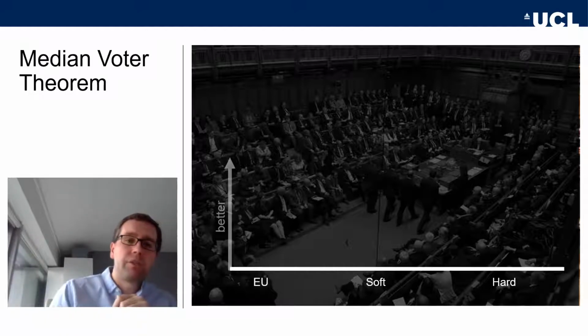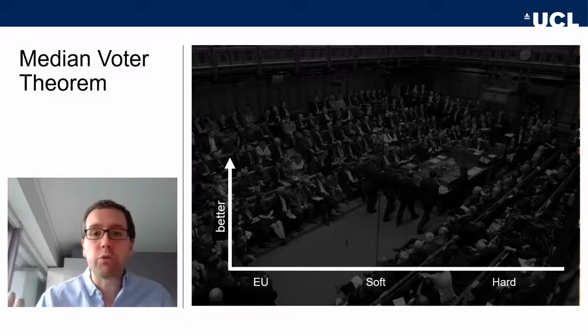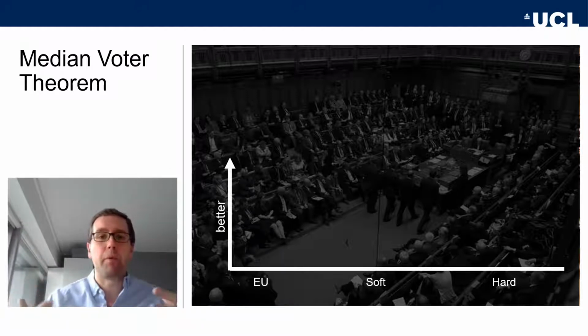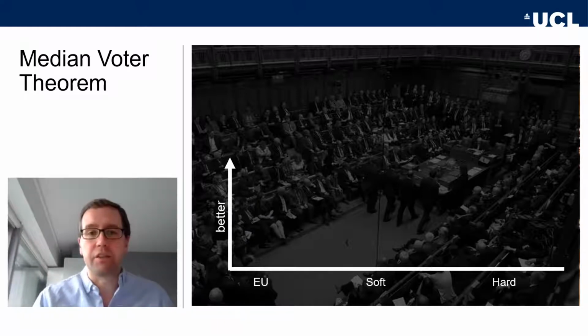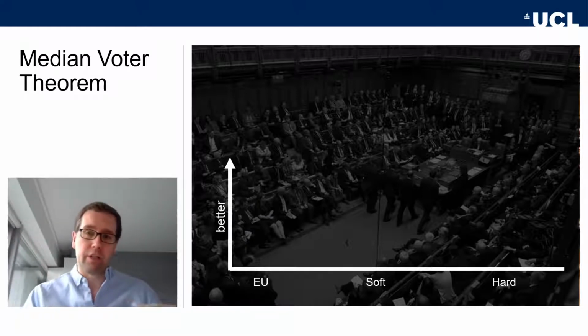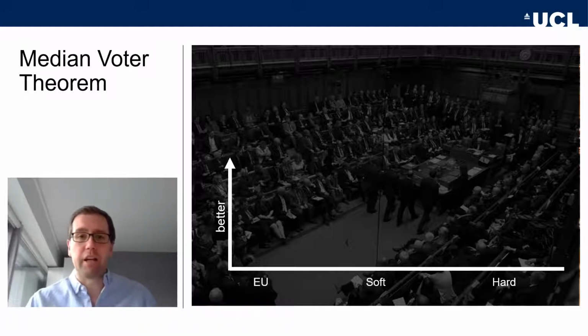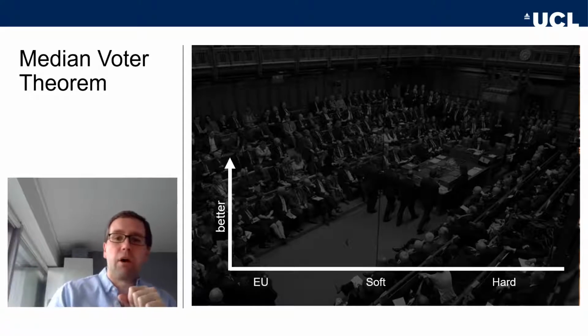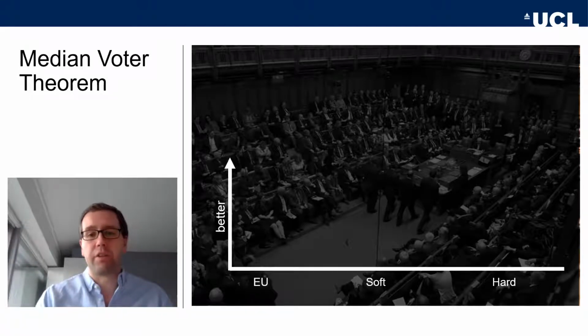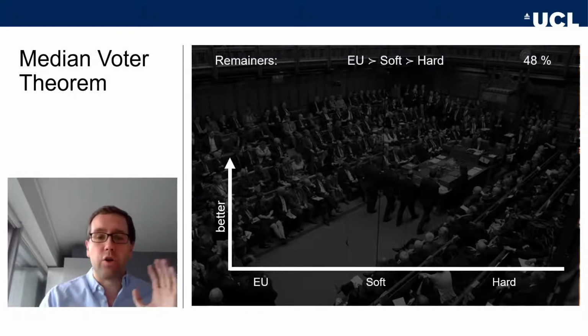And we can look at how much each group that we had, remember we had the Remainers, the Leavers, and the Ultras, likes these different outcomes. So we can characterize their utility, if you want a fancy word. Higher outcomes on the scale are better. So let's look at how much each of these groups likes these different outcomes. Remember, we had the Remainers.